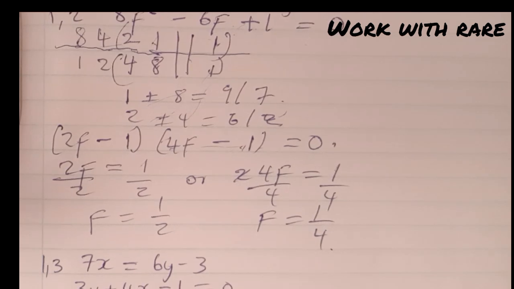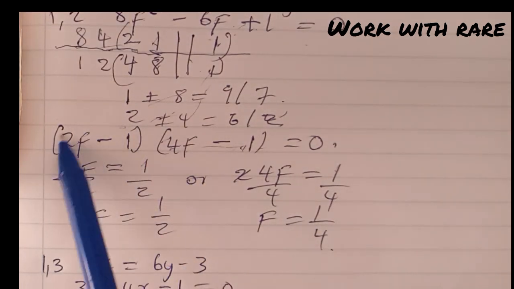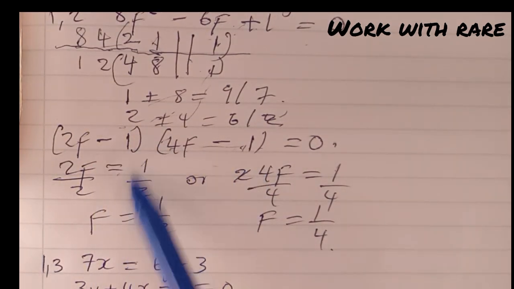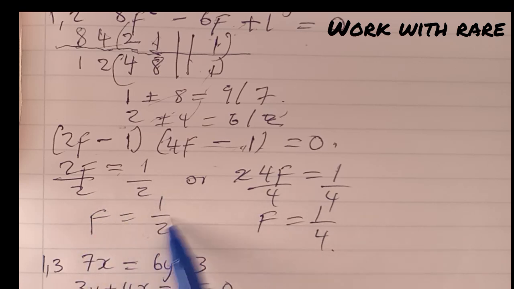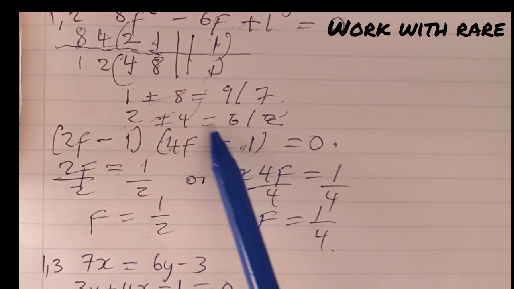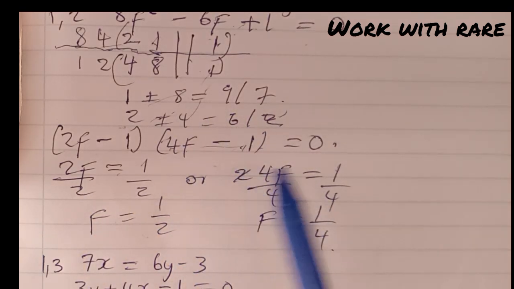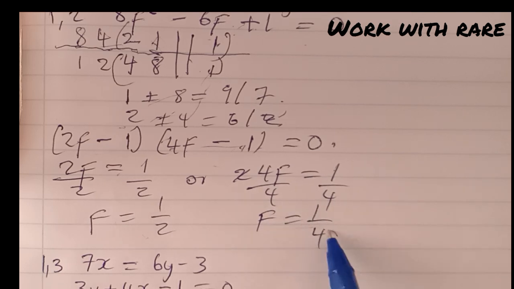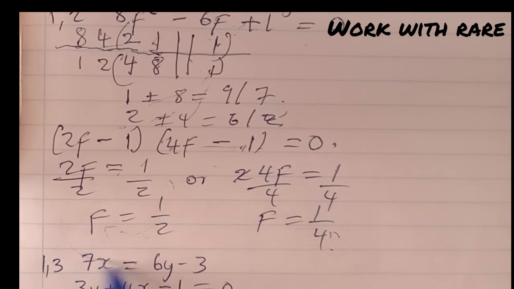The next step is to equate the first bracket to 0 to get the value of f, and I will equate the second bracket to 0, then I will get this answer. So f is equal to this, or f is equal to this. Then you get your marks.